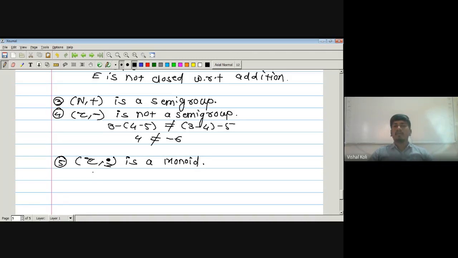And we have to check for the monoid: the third property is the existence of an identity element. Here 1 is an element belonging to Z such that 1 into A equals A into 1, which equals A for all A belonging to the set of integers, which implies 1 is the identity element. As 1 is the identity element and the binary operation holds the closure and associative properties, this algebraic structure Z with respect to multiplication is a monoid. Okay.